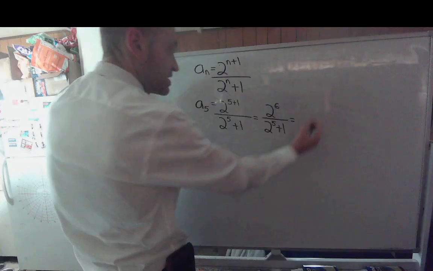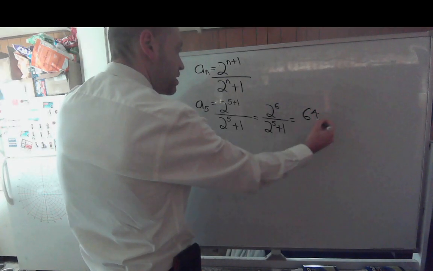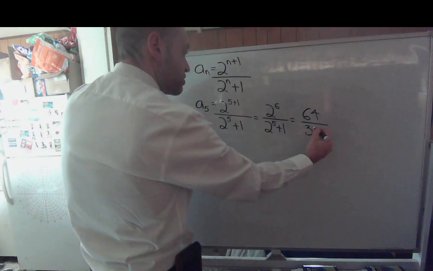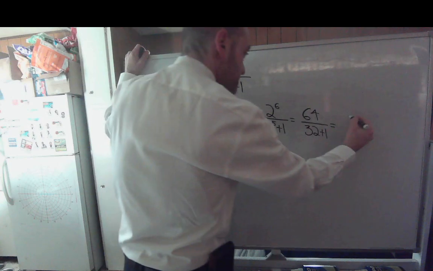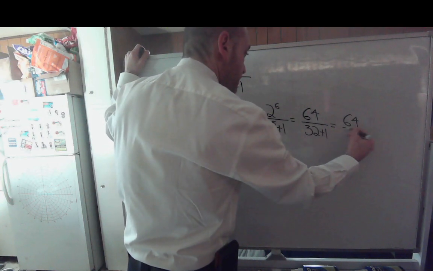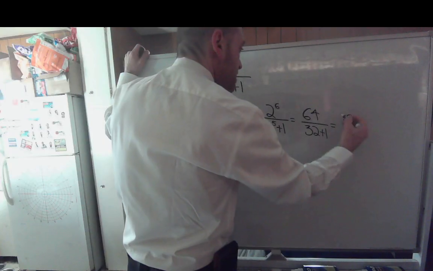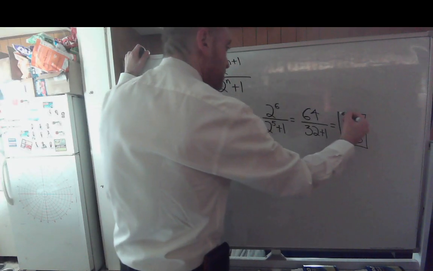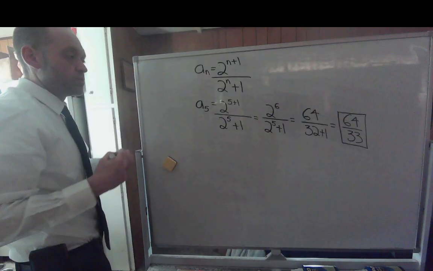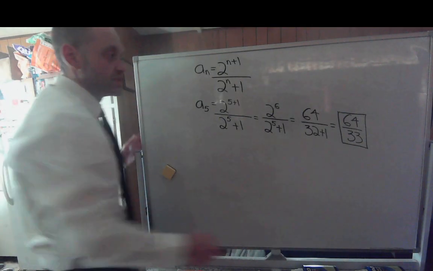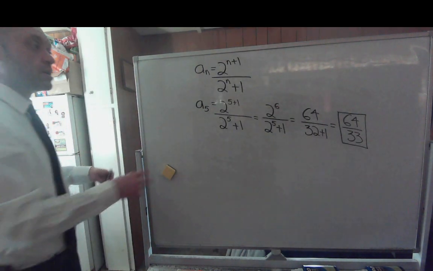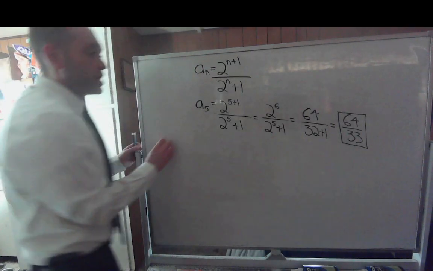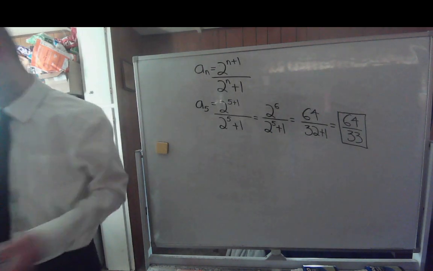Well, 2 to the 6th, that's 64 over 32 plus 1, which would simplify into 64 over 33. So in particular, the fifth term of this sequence is going to be 64 divided by 33. All right, so that's how you find terms of a sequence.